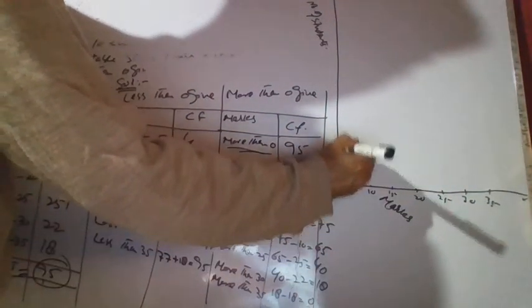Zero, 5, 10, 15, 20, 25, 30, 35. ये कहाँ तक हमें 95 तक जाना है? 10, 20, 30, 40, 50, 60, 70, 80, 90.